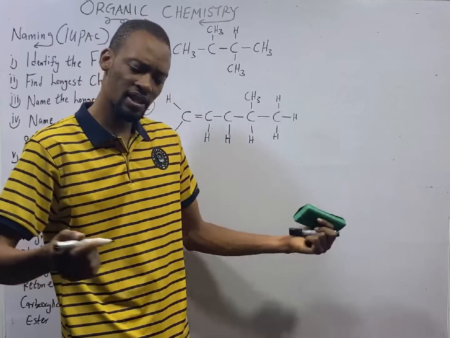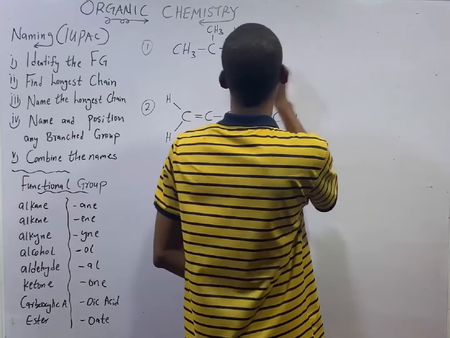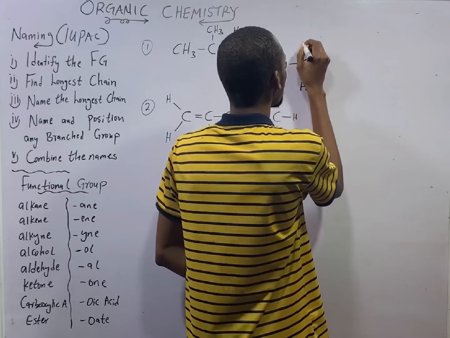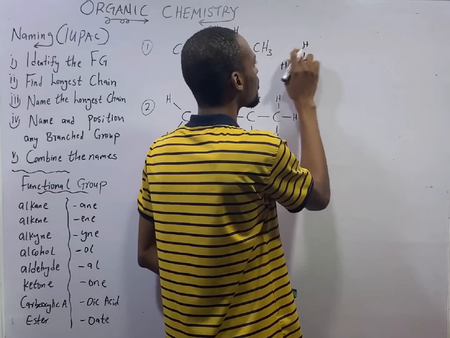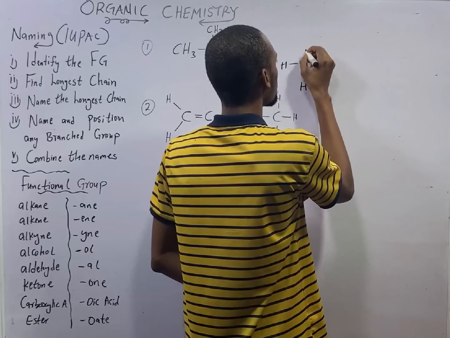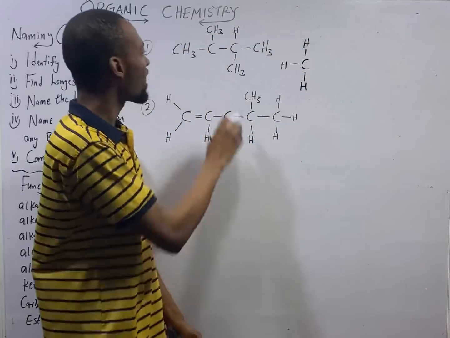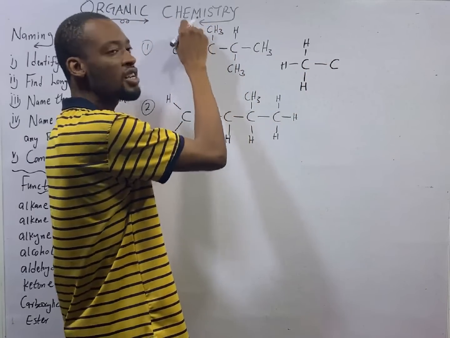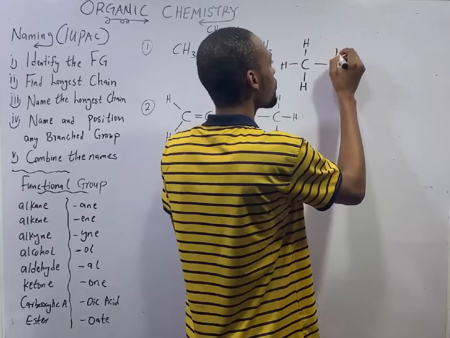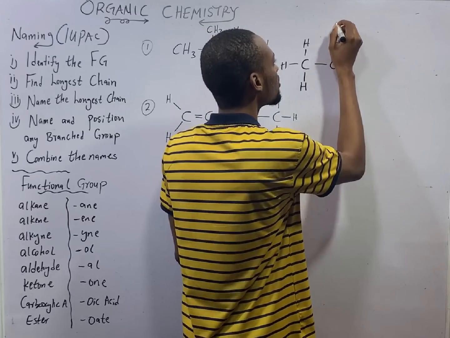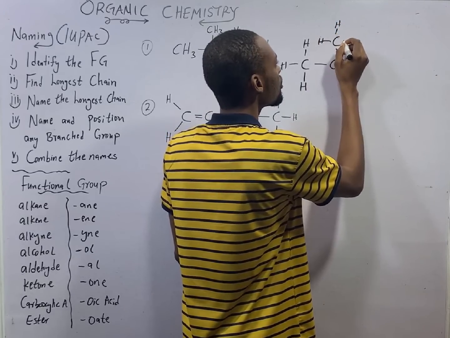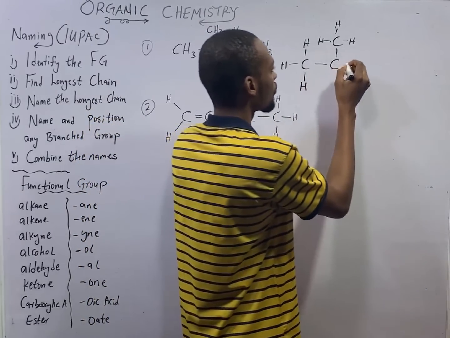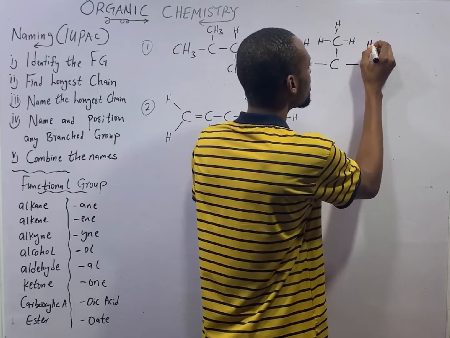Once we expand this diagram, we should have CH3, which is carbon 1, followed by C, C, and CH3 at the top. So carbon, H, H, and H. Then bonds to carbon, hydrogen at the top.